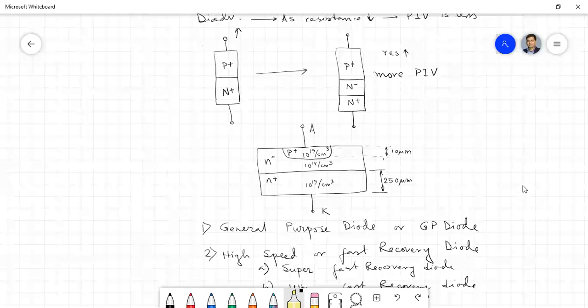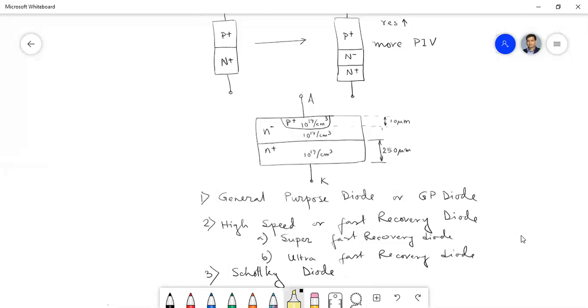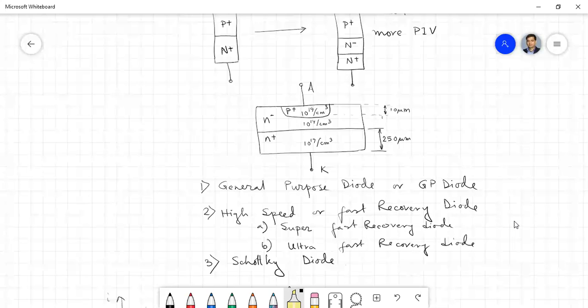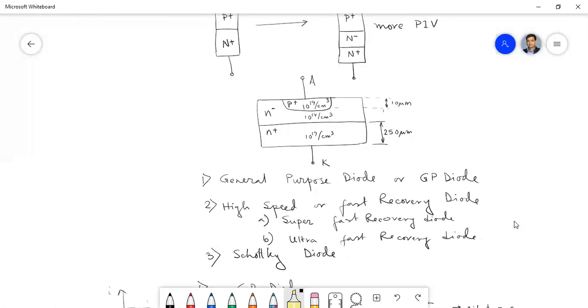There are different types of diodes as I discussed: general purpose diode and high speed diode, that is the fast recovery diode, because for making it high speed you have to reduce the reverse recovery time. Today I will discuss what the reverse recovery phenomenon is and what time is required for that.